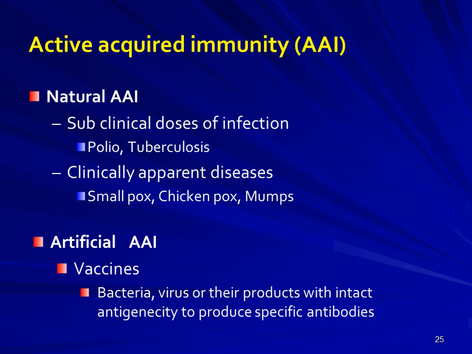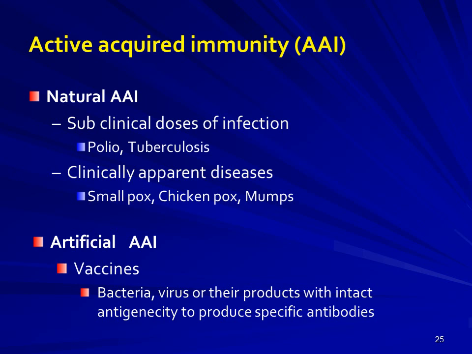These are again of two types: natural active acquired immunity and artificial active acquired immunity. When people get exposed to subclinical doses of infection, like polio virus or tuberculous bacilli, these low doses of the virus or bacteria can stimulate the immune system but can't produce the disease.